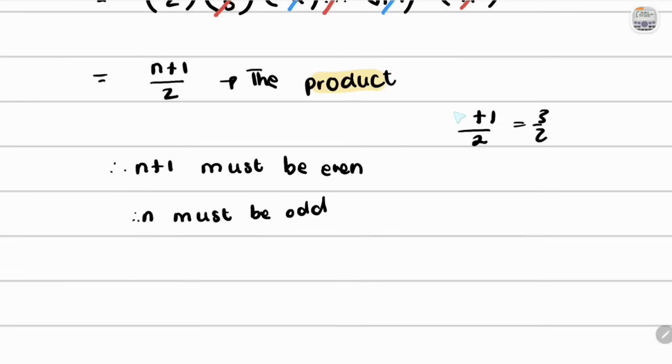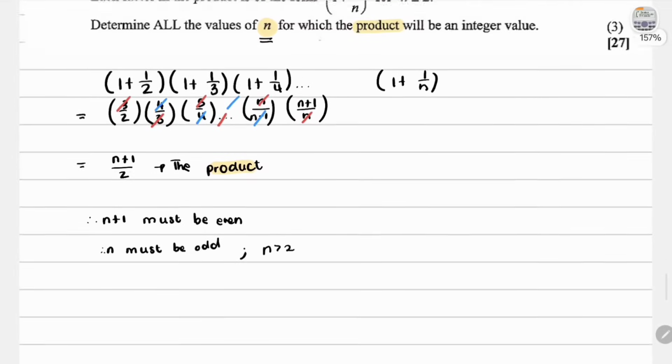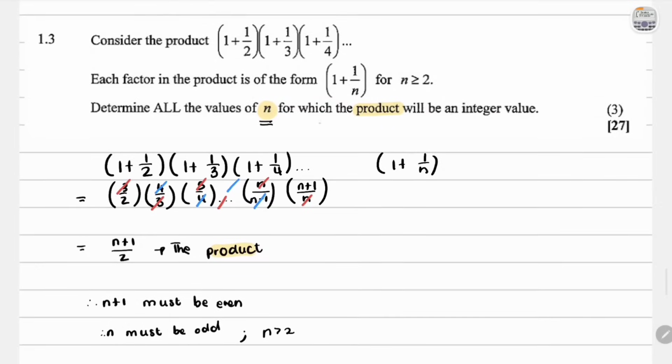But when n is values that are greater than 2, then we have 4 over 2, which is 2. And also remember, n specifically has to be odd. So it's contradicting to say that n should somehow be equal to 2. So it can't be greater or equal to 2. Rather, it's just going to be greater than 2, since no negative values are considered here. So as long as n is odd, where all the n values are greater than 2, then the product will always be an integer value. And that is the answer to that question.